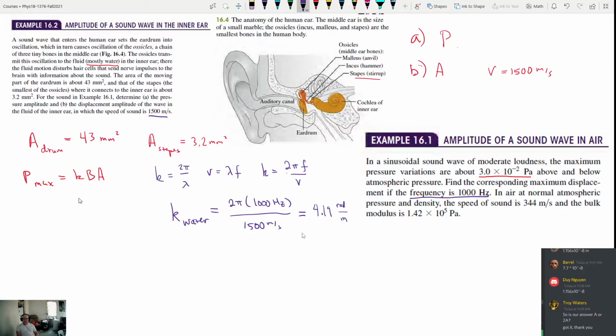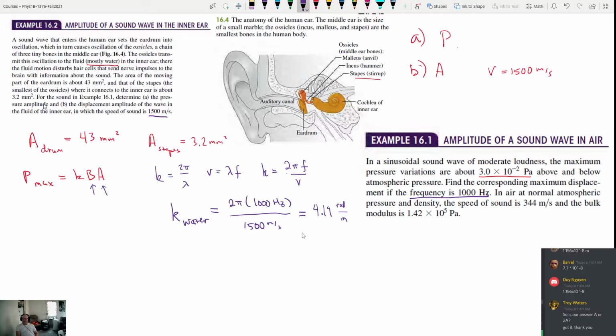We're also going to need to know what the new bulk modulus is, right? And we're also going to need to know what this is. So we can look up bulk modulus, but this is the thing that we're not going to know immediately.